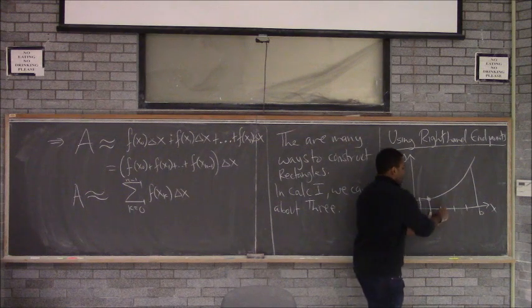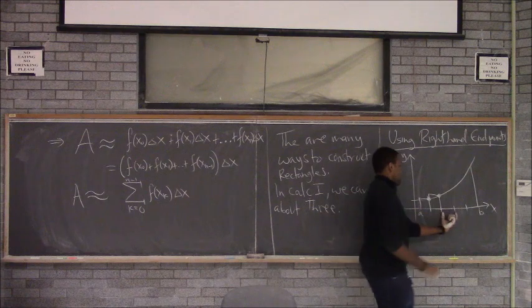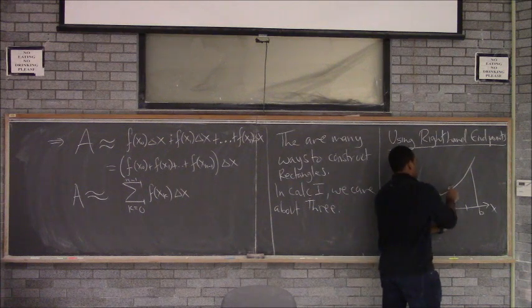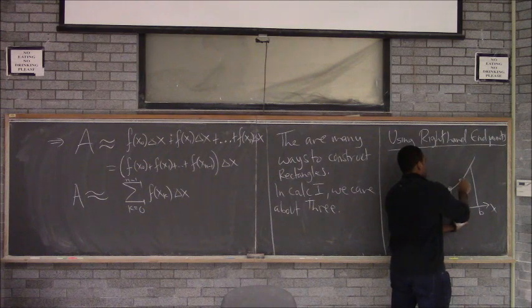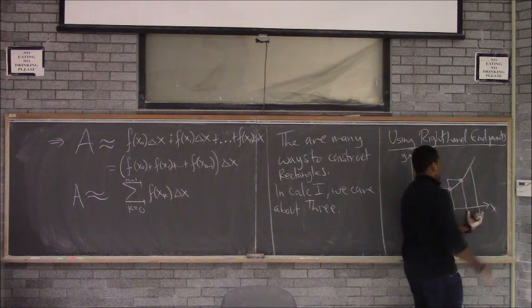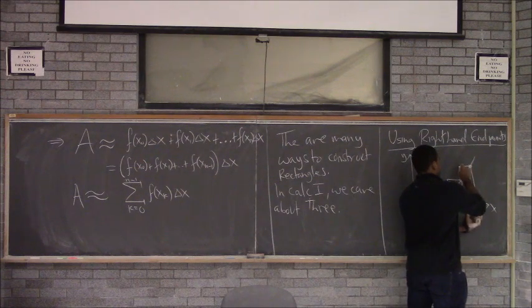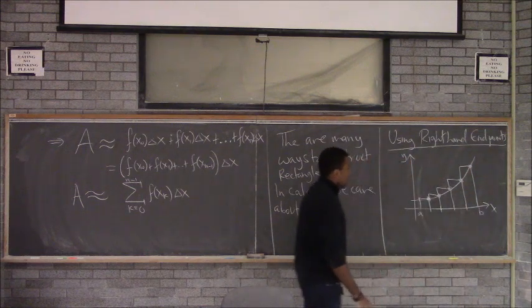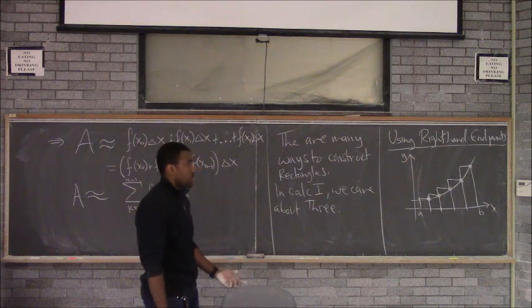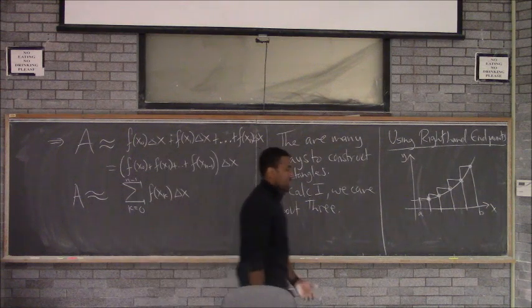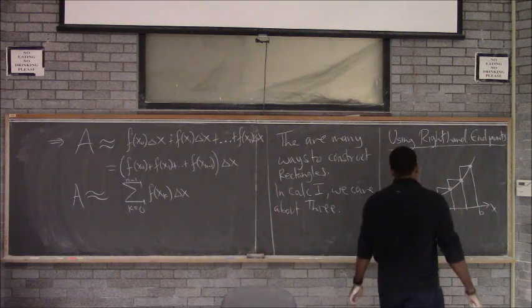Second subinterval, the right side travels up, hits the function, that's the height. Third subinterval, the same. Fourth and fifth, the right side hits the function, that's the height. So I can construct my rectangles by taking the right endpoints of each subinterval. This is called using right-hand endpoints.